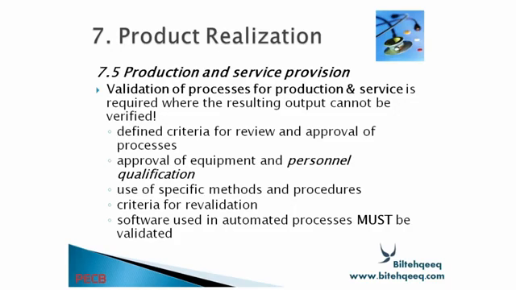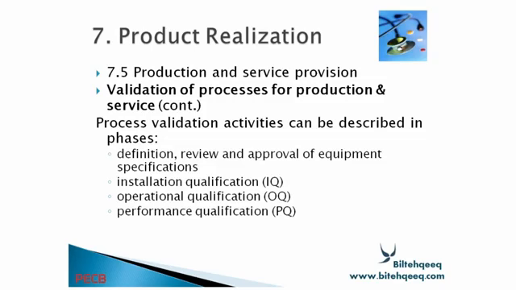So for these kinds of processes, you have to perform validation and define criteria for review and approval of the process, approval of equipment and personnel qualification, use of specific methods and procedures, criteria for revalidation. Software used in automated processes must be validated. So you have to define each and every criterion for such processes which are required to be validated.